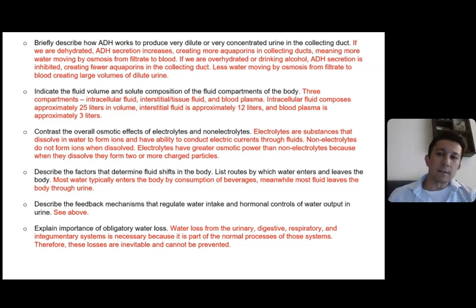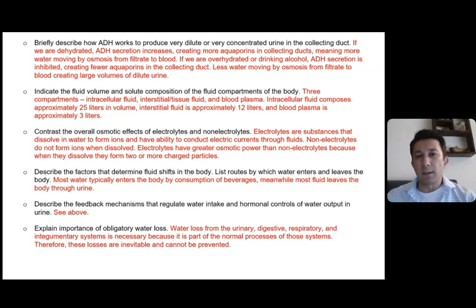So what that means is that if less ADH is being secreted, fewer aquaporins are going to appear in the collecting duct, and less water is going to move by osmosis from the filtrate back into the bloodstream. And so that's why, when overly hydrated or drinking alcohol, our bodies create large volumes of very dilute urine.